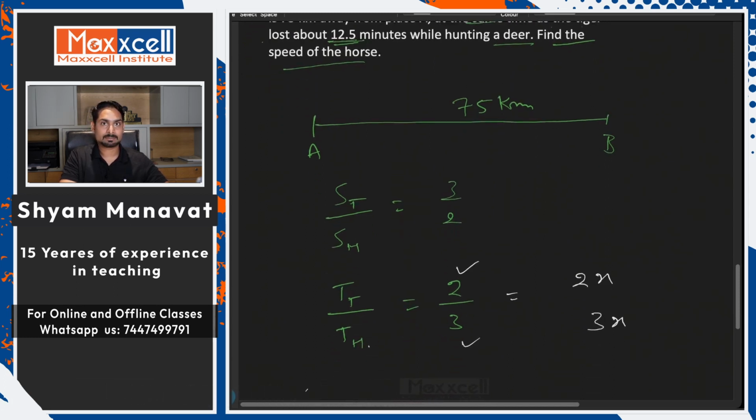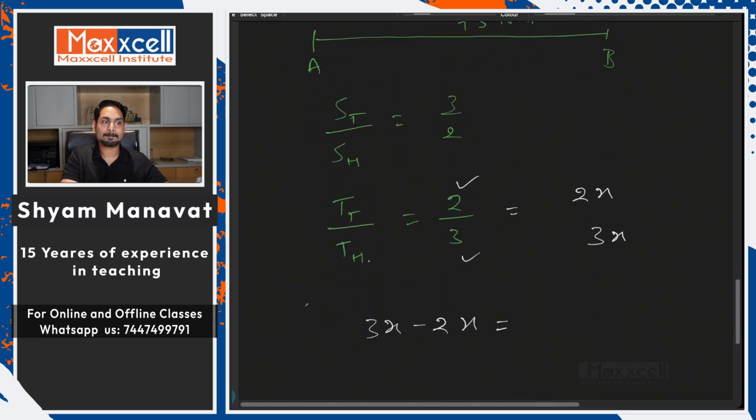Think about it. The tiger should have reached earlier. Why should the tiger have taken less time, and why is it reaching at the same time?